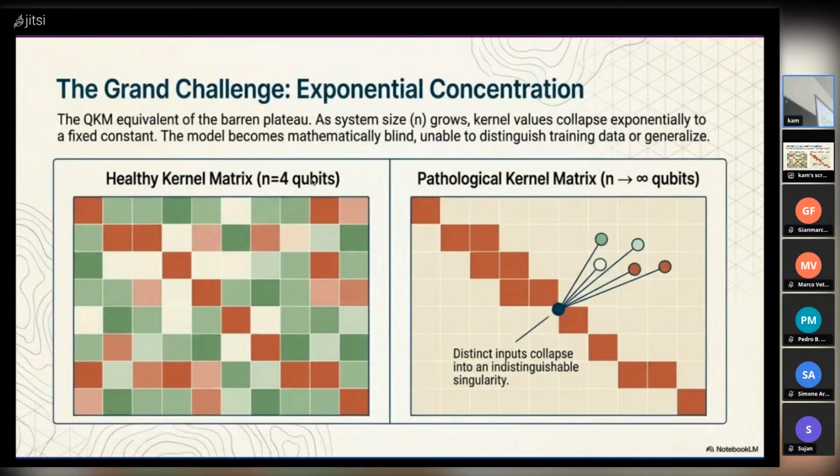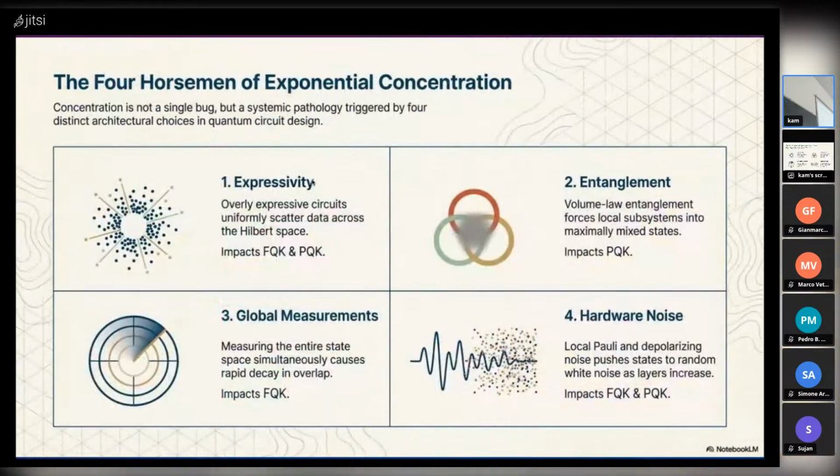It's very similar to an identity matrix. So you cannot have a quantum kernel of a size that is too huge. This problem, called exponential concentration, is always there.